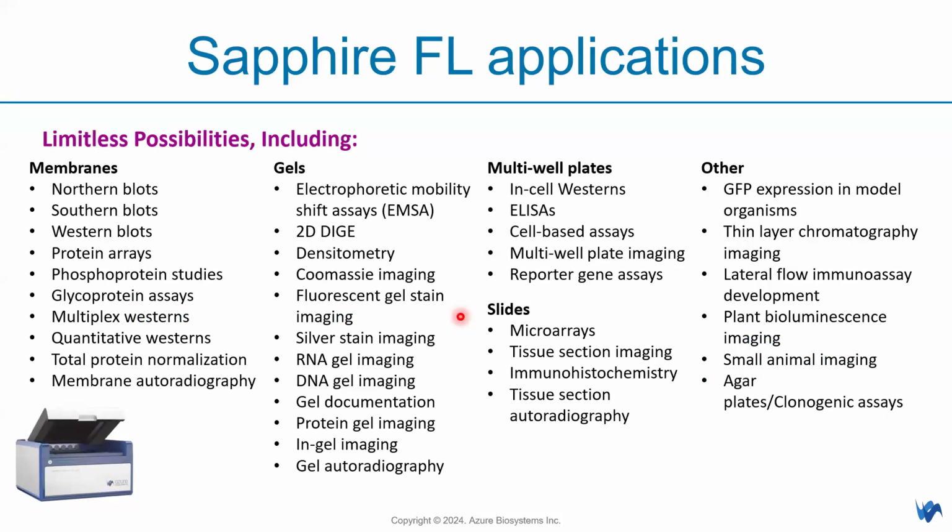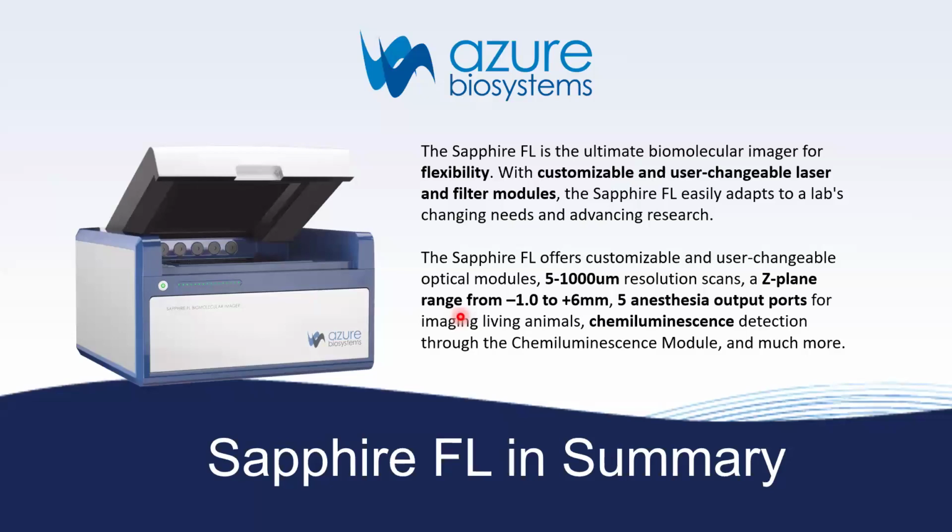Then this is a summary of the Sapphire FL. We highly recommend users or anyone who does in-cell Western to try it out with Sapphire FL because it gives you sensitivity and speed as well. 7 minutes for a 96-well plate scan for 3 channel fluorescent signals, which is very good, and the signal to noise ratio is very good as well.